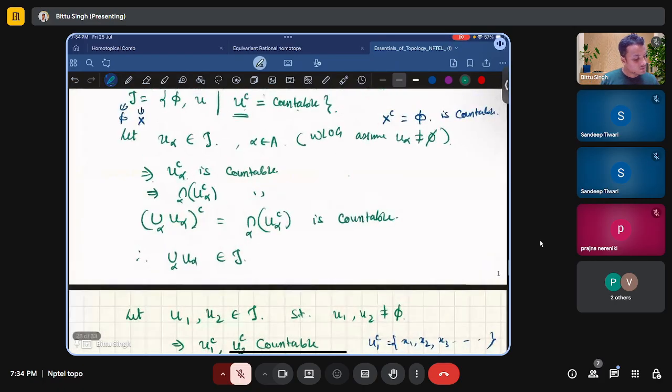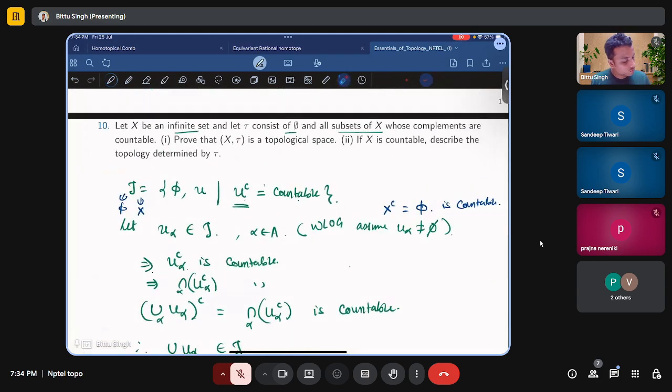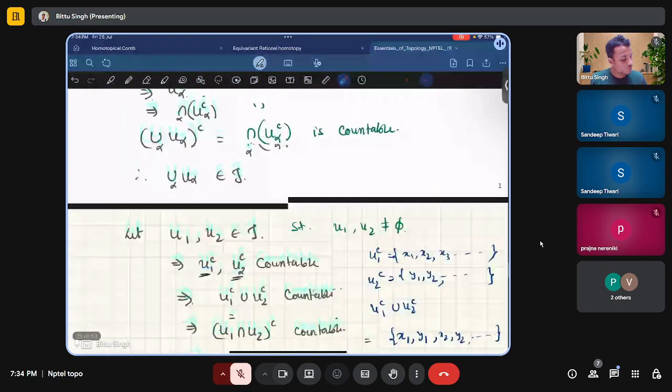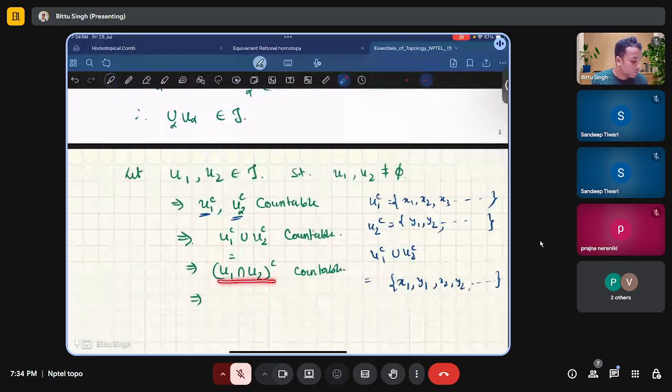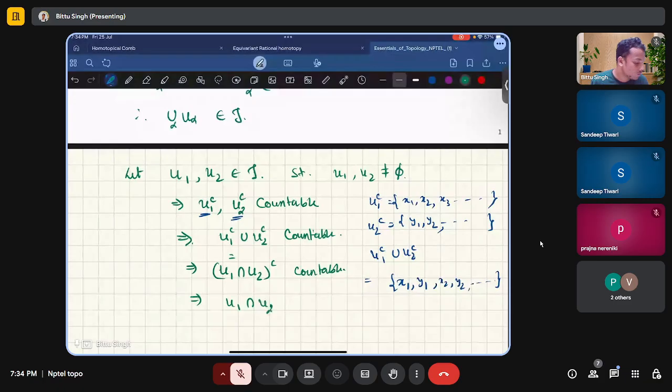And again, this is the definition of tau. Tau contains the empty set or something whose complement is countable. So since the complement of this thing is countable, therefore u1 intersection u2 belongs to tau.